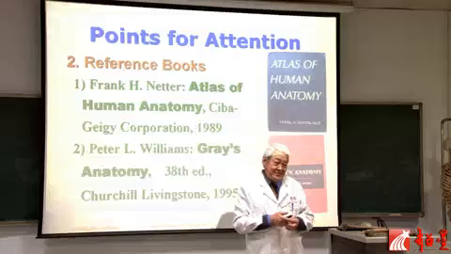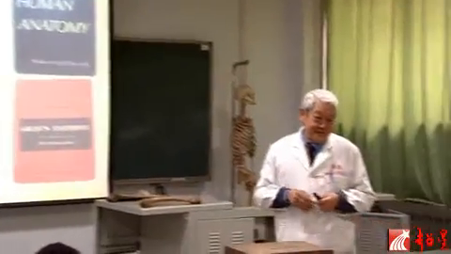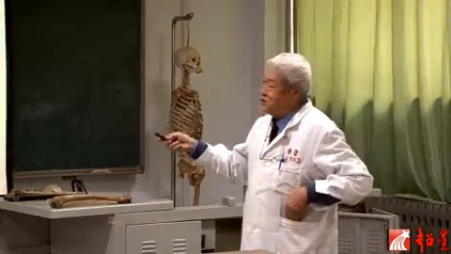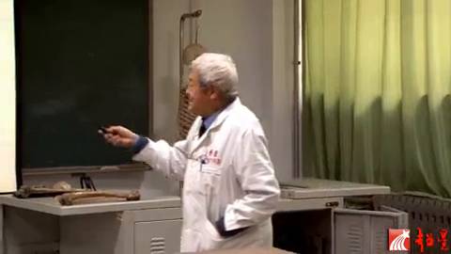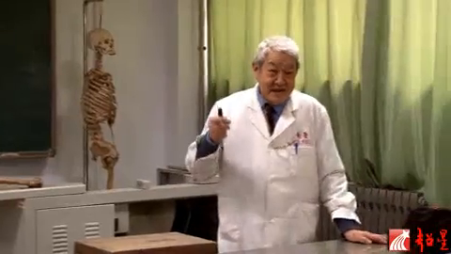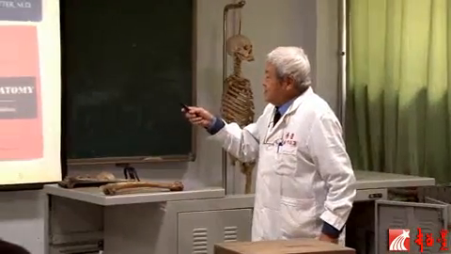As for reference books, there may be a lot, but here I just suggest two. One is the Atlas of Human Anatomy by Netter. Netter was a very famous anatomist and surgeon, who died not long ago.